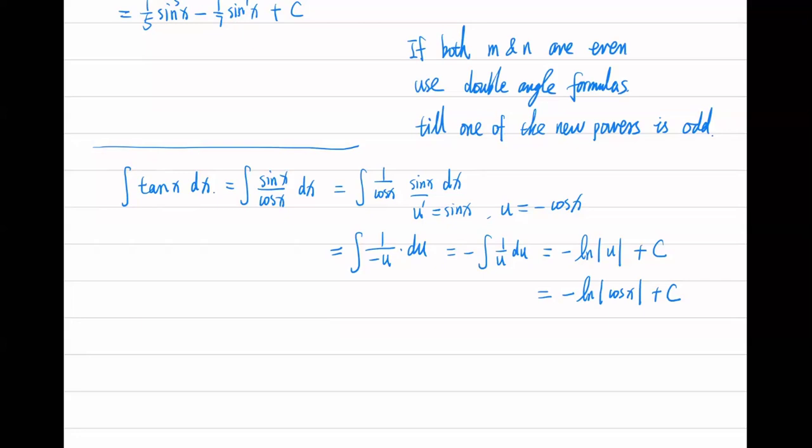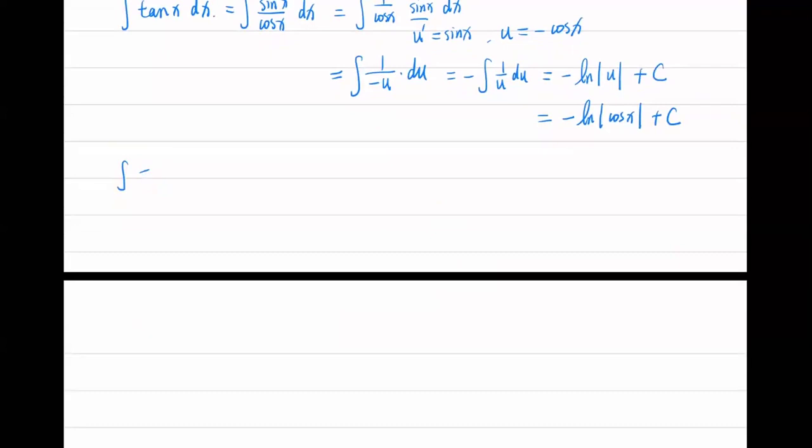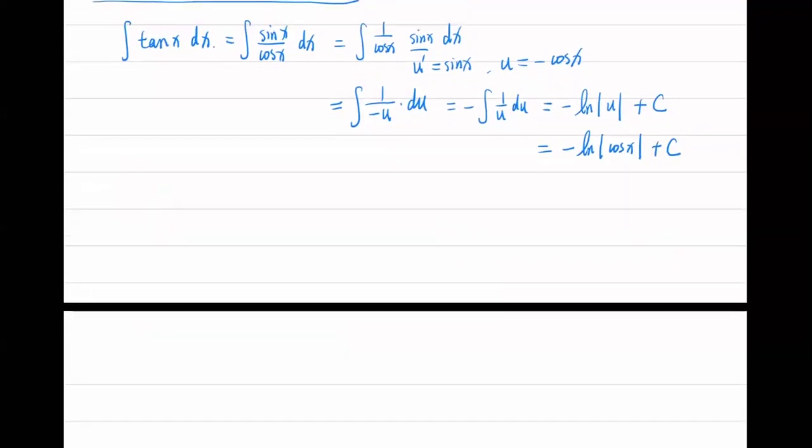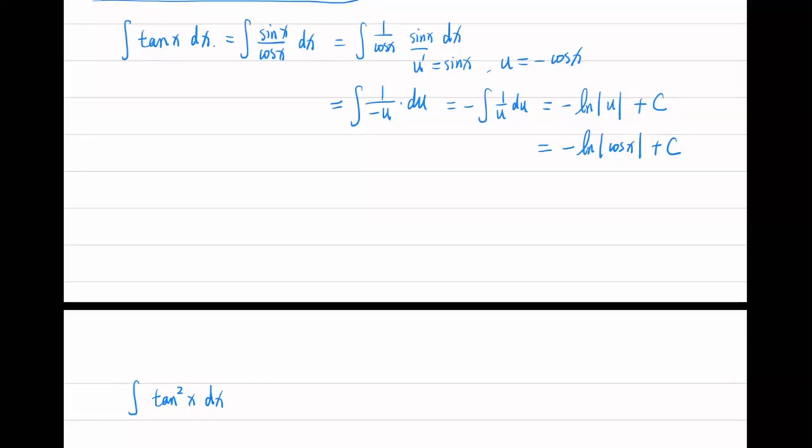Okay, next one, tangent squared. It's similar to what I have done before. For the first order, we use substitution. Second order, we need some formula. What formula do we have for tangent squared? 1 plus tangent squared is secant squared. If we add 1, we get secant squared.